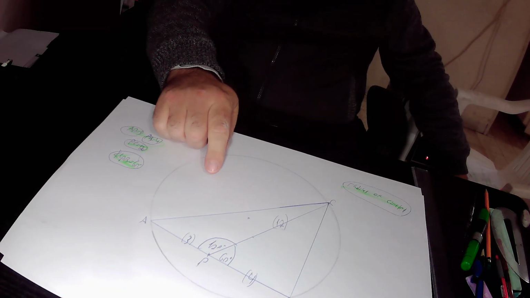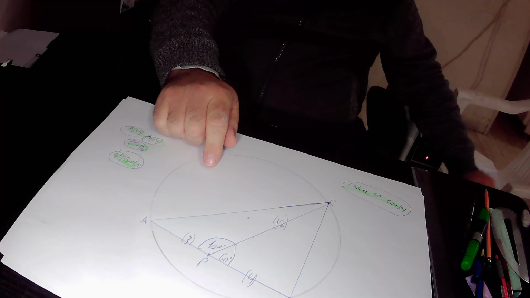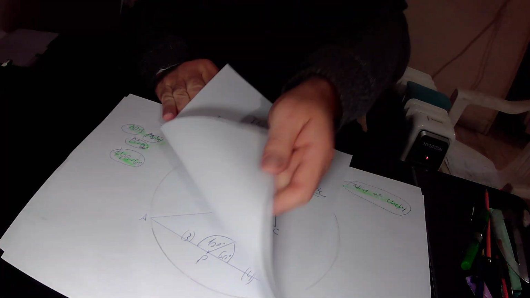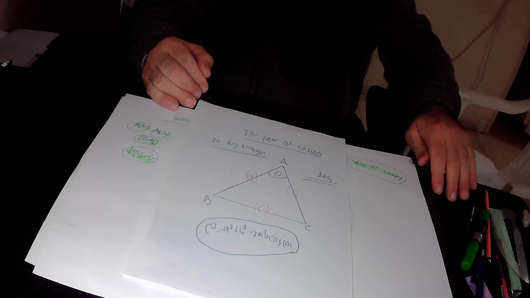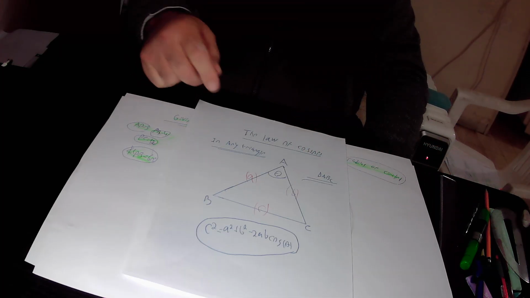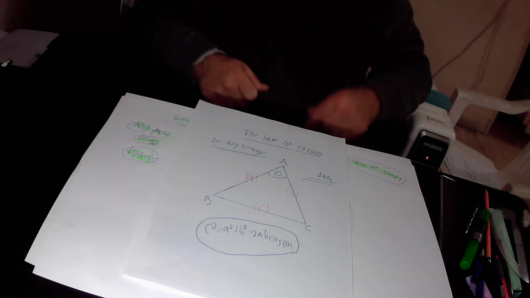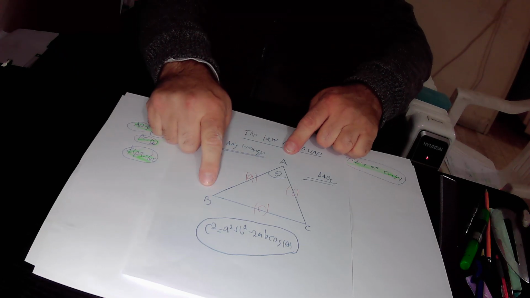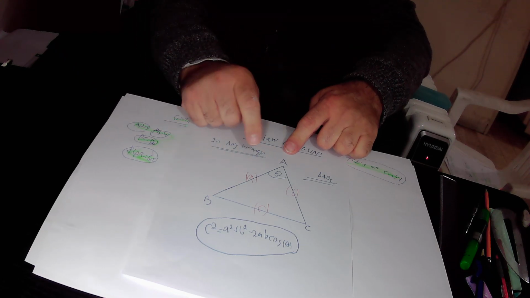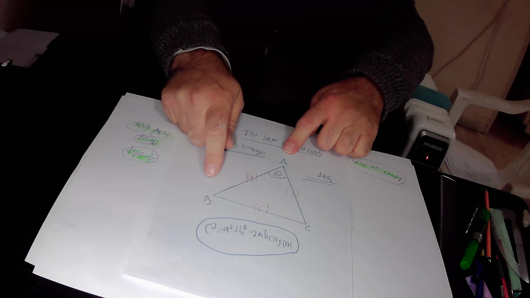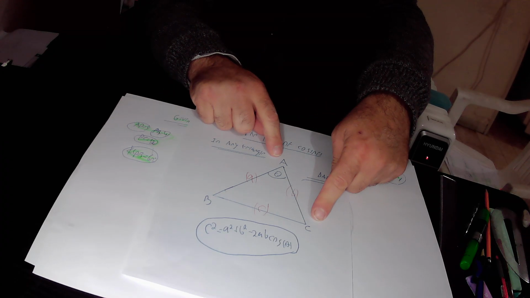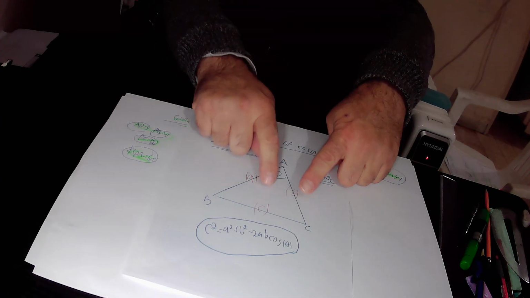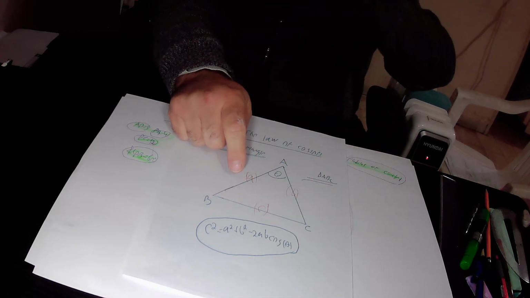Let's quickly review the law of cosines. The law of cosines is true in any triangle. This is triangle ABC that could be any triangle. Side AB of this triangle ABC equals a units in length. Side AC equals b units in length. Side BC equals c units in length.